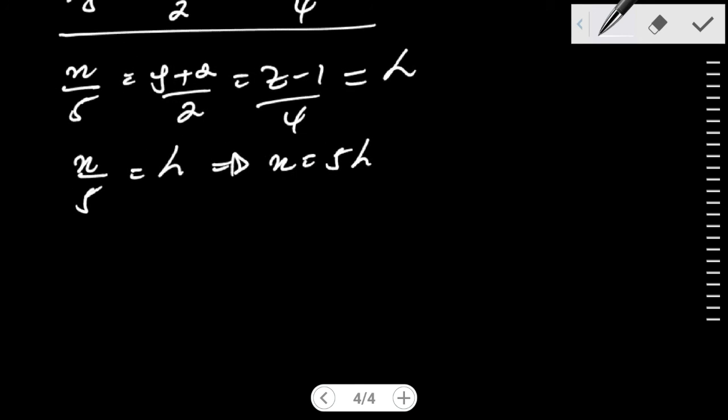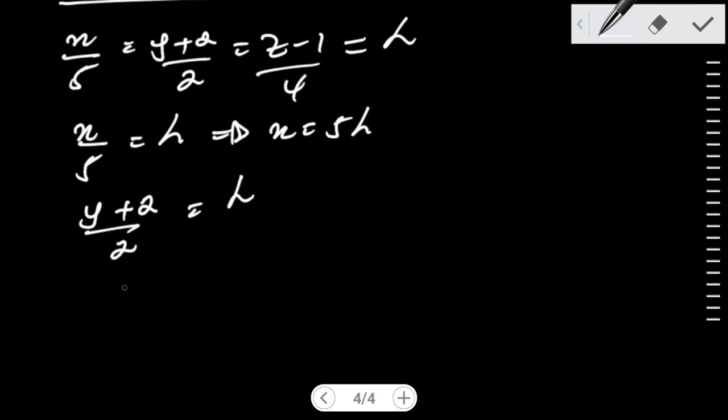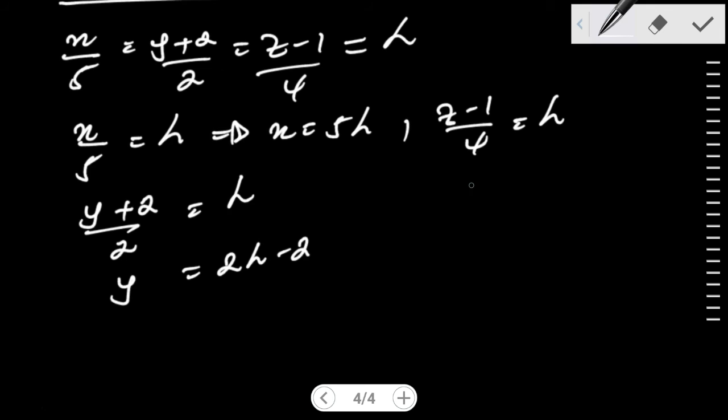Now, y plus 2 out of 2 is equal to lambda, so y equals 2 lambda minus 2. For z, z minus 1 all over 4 is equal to lambda also, that means z is equal to 4 lambda plus 1.